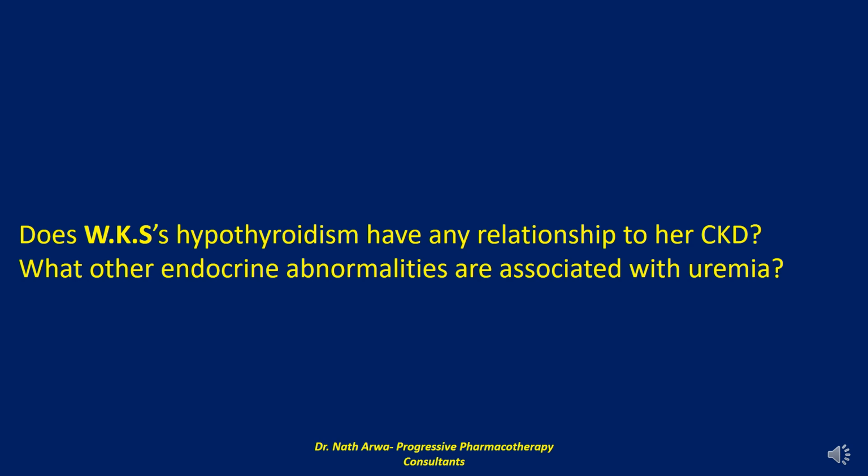Disturbances in thyroid function are frequently encountered in patients with CKD because the kidney is involved in all aspects of peripheral thyroid hormone metabolism. Common laboratory abnormalities include reduced serum concentrations of total thyroxine, abbreviated as T4, and 3,5,3'-triiodothyronine, abbreviated as T3, and a low free thyroxine index, abbreviated as FTI.